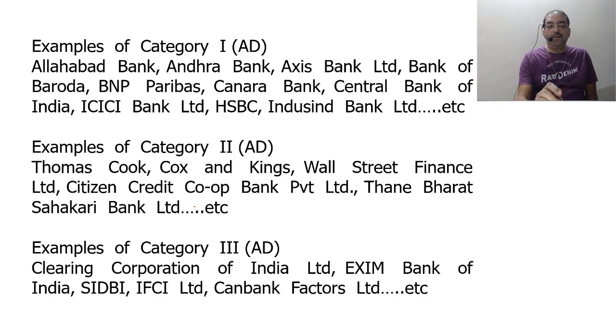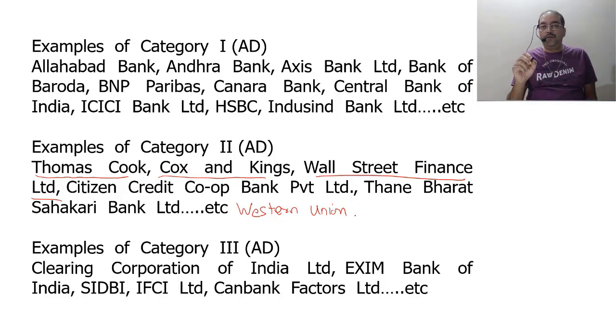Examples: Category 1, all banks will come. Category 2, organizations. I told you, Thomas Cook, Cox and Kings, Wall Street Finance. Then other cooperative banks, regional rural banks. Then I give you the example of Western Union.